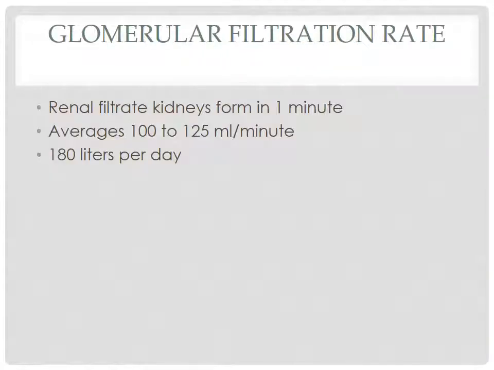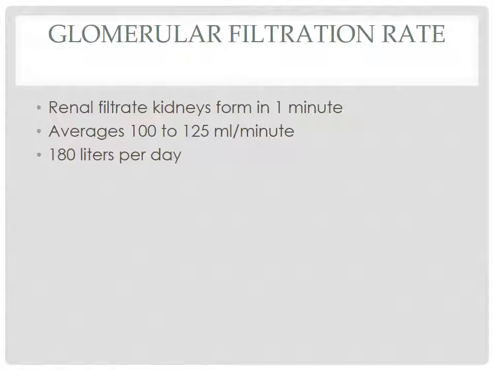The kidneys will filter 180 liters per day. Blood in our body is about 4 to 6 liters, so many times the amount of blood in our bloodstream is being filtered.